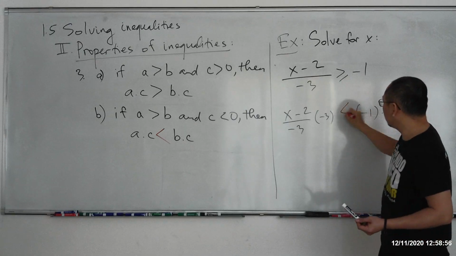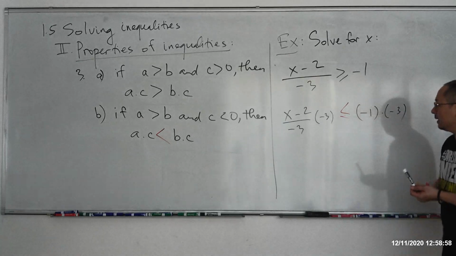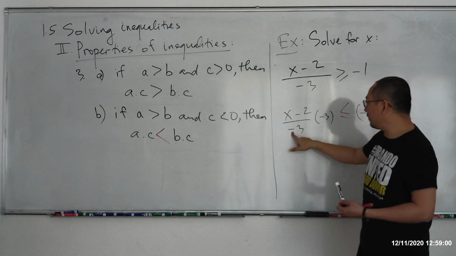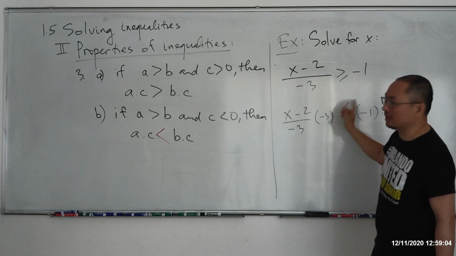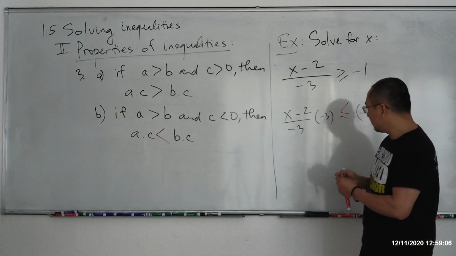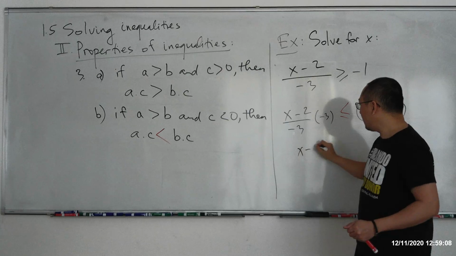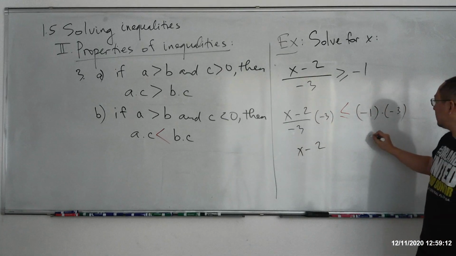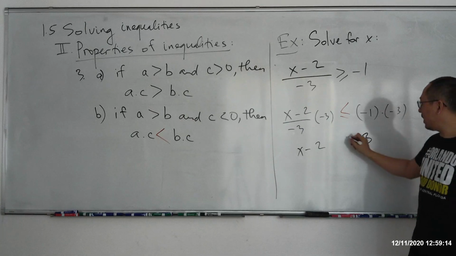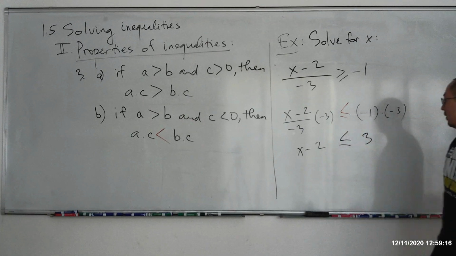So let me flip this. Okay. Let's simplify. I have a negative 3 on the denominator, that's on the bottom, and then negative 3 on the numerator, on the top. Cancel out. So the left-hand side will be x minus 2. The right-hand side is what? Negative 1 times negative 3 is positive, a double negative makes it positive, and now the inequality is less than or equal to.